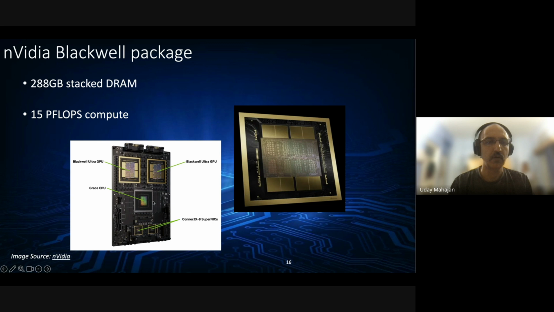And this is an example of the NVIDIA Blackwell package, one of their latest products, and this is the GPU here in the middle, and these are 4 HBM stacks, delivering a total of 288 GB of stacked DRAM. It's a massive, massive number, right? Who would have thought, right?